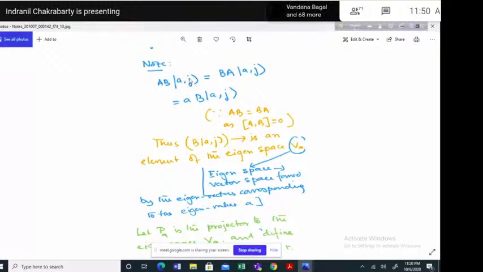Because the eigenspace V_a is made up of those eigenvectors which, when acted upon by A, give you small a as the eigenvalue. So B|a, j> as a vector, when acted upon by A, is giving you small a as an eigenvalue. So B|a, j> itself is an element of the eigenspace of A, right?